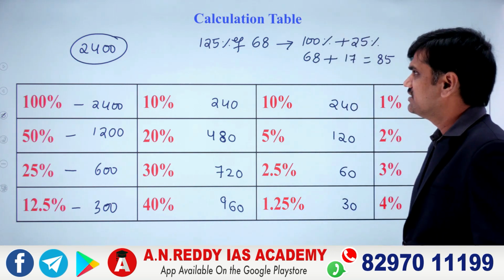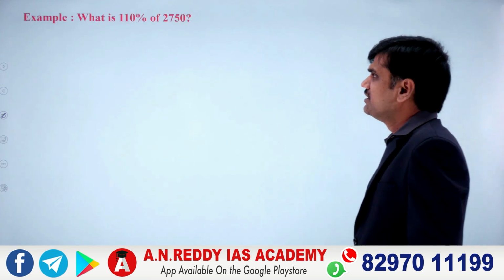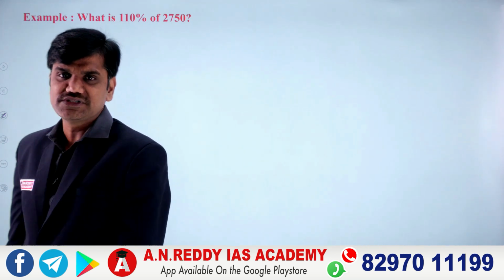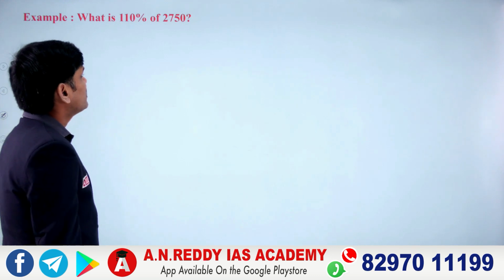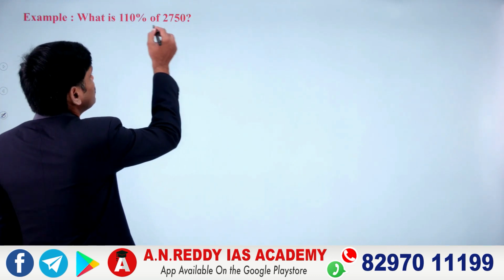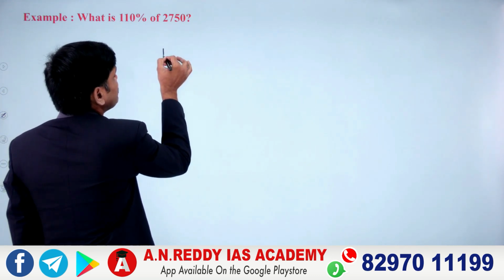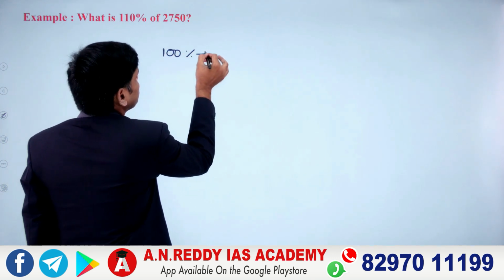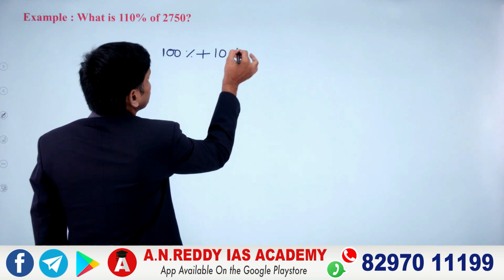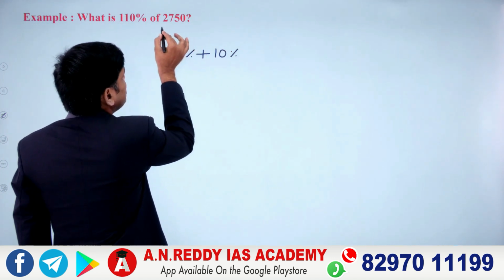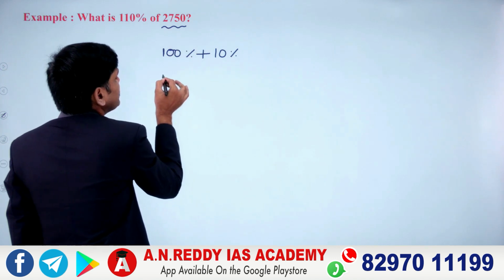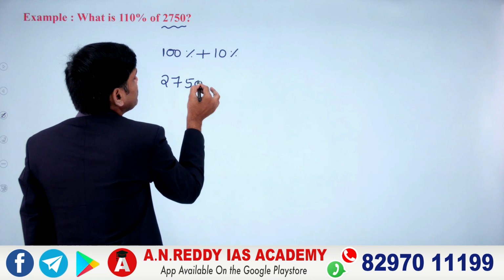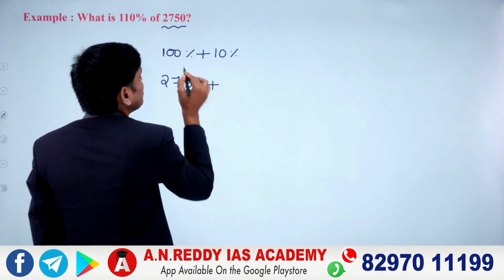Let us go ahead with the calculations now. Starting off with the first example. I need 110% of a certain number. So what is 110% of 2750? So this 110% you can feel it as 100% plus 10%. As we have just now learnt, 100% of the number is nothing but the number itself. So that is 2750 plus 10% is nothing but 1/10 of that.